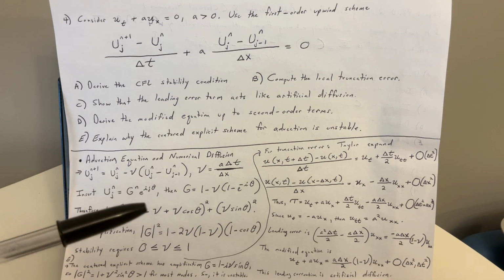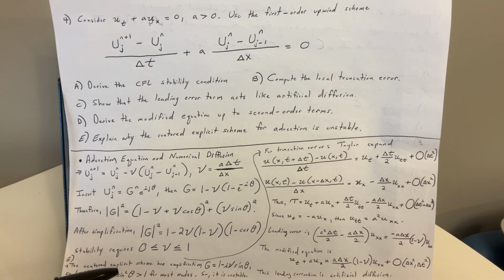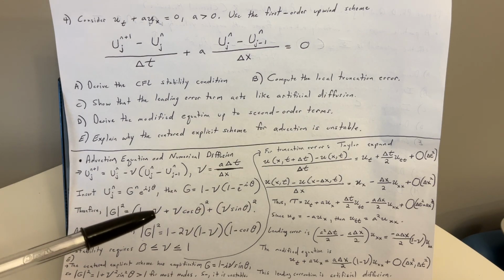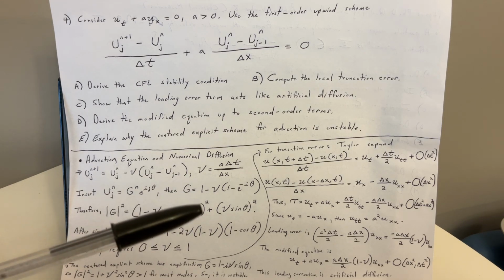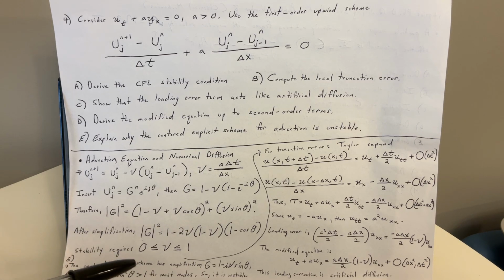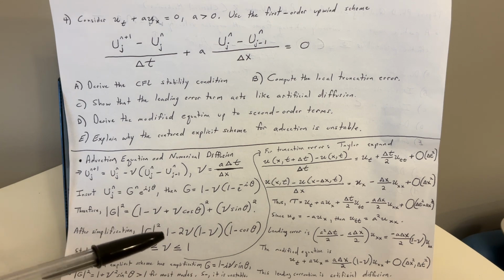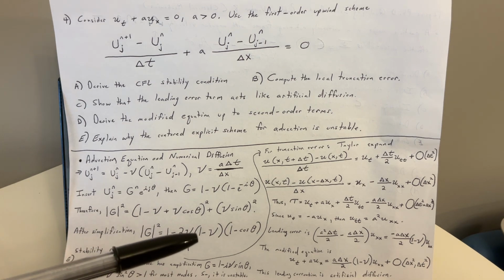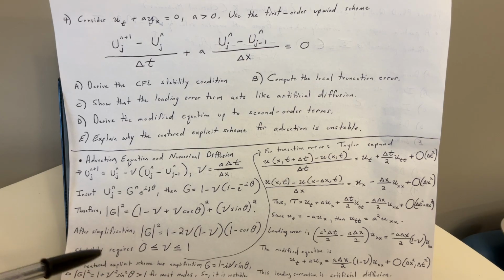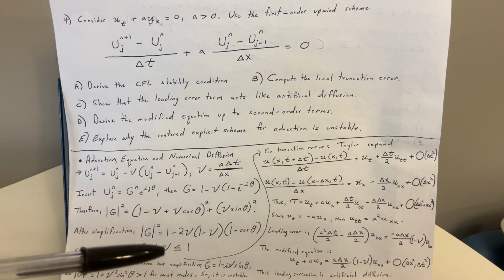Then g = 1 - ν(1 - e^{-iθ}). Therefore, |g|² = (1 - ν + ν cos θ)² + ν² sin²θ. After simplification, |g|² = 1 - 2ν(1 - ν)(1 - cos θ). And stability requires 0 ≤ ν ≤ 1.